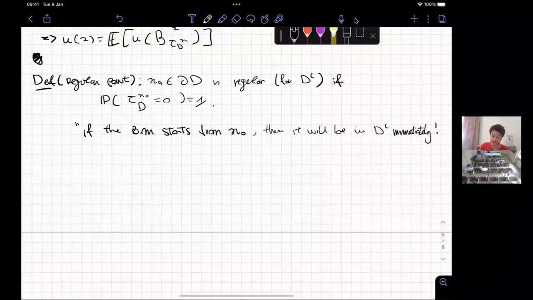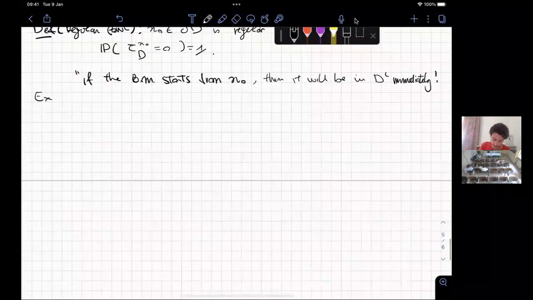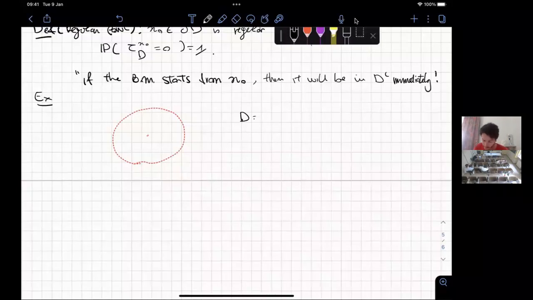And a classical example is this one. Take a ball, and let's do it properly. Take a ball with a point inside. So our domain is basically, how can we write down? It's basically the ball B(0,1) open minus the center.